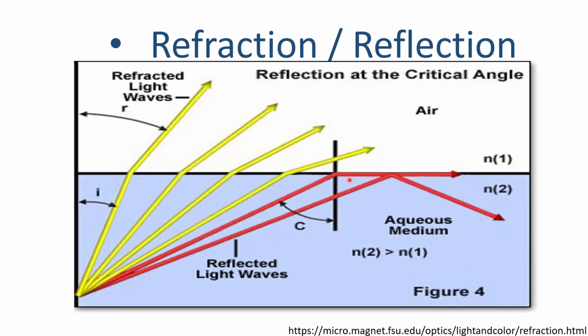And we're talking about the angle. Here's the angle of incidence, angle of refraction. Here's the normal. If you keep increasing the angle of incidence, you're going to keep increasing the angle of refraction until you reach the critical angle.